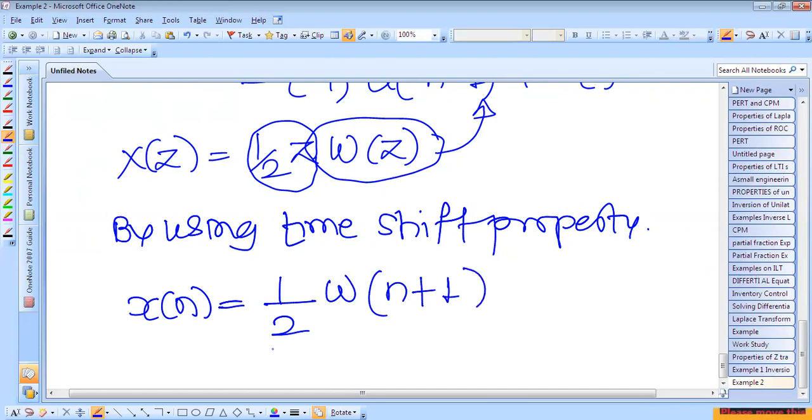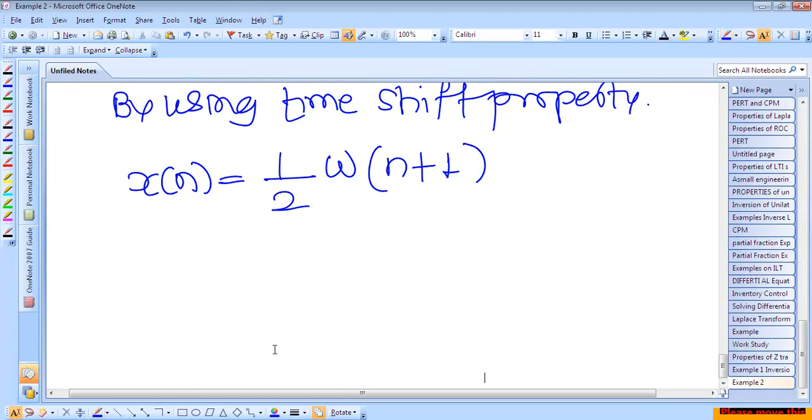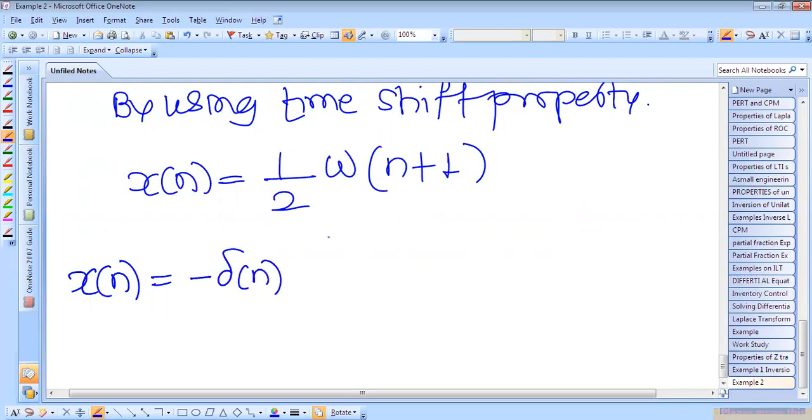Okay, and therefore we can write x of n is equal to minus delta of n plus 3 into delta of n. So this is 3 by 2 delta of n, and this is delta of n plus 1.